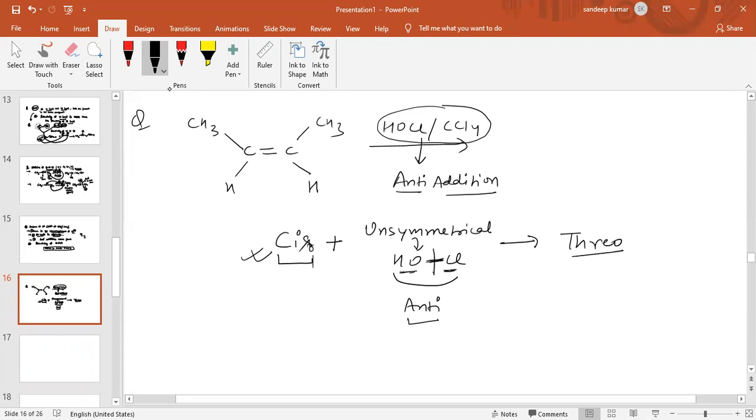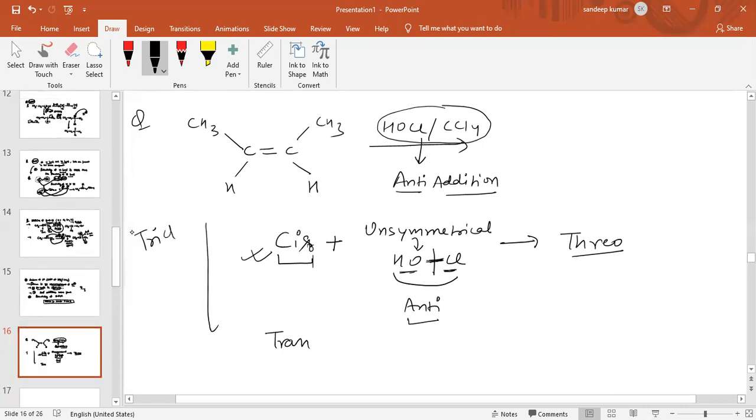Now see the next trick. This is basically the trick to solve this type of question. If there is a trans isomer, and again you are adding an unsymmetrical reagent like HOX, as we know, this will follow anti-addition.